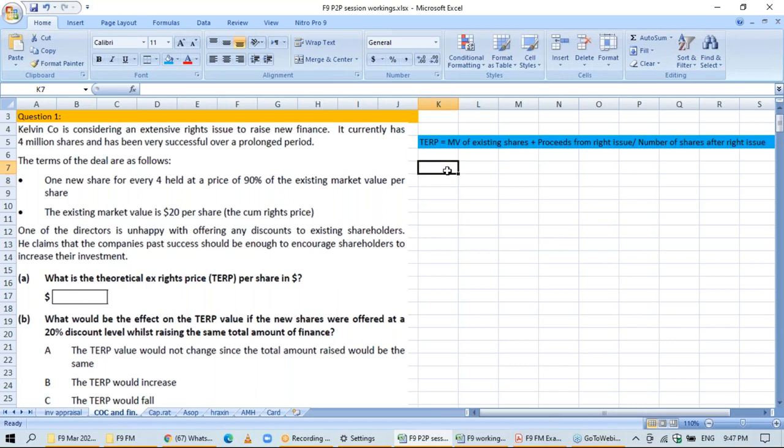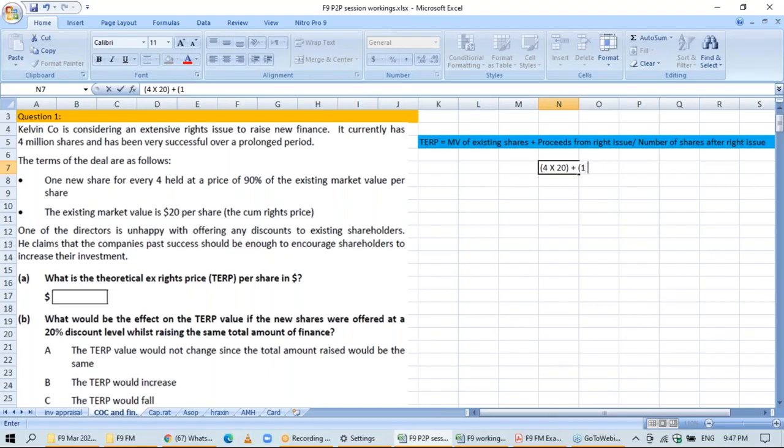Let's calculate it. What the question says, that there are currently 4 million shares outstanding, and the market price of each share is 20. So this should be the market value of the capital. So currently the market value of the capital is 80 million, right? 4 million shares into 20, and the company is now planning to issue 1 share for every 4 shares.